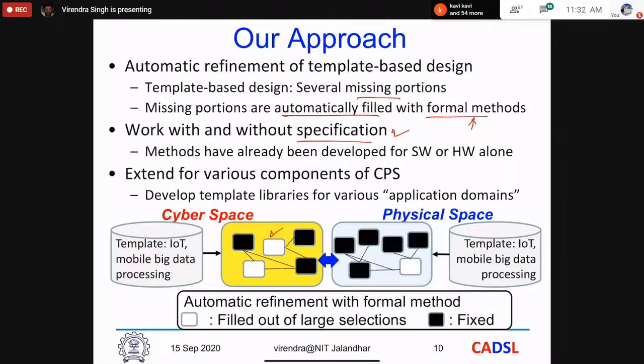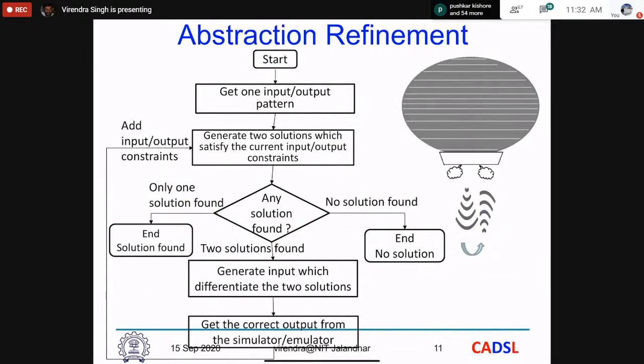Some of these things have already been done for the hardware and software parts. Now this has to be extended to various parts and application domains. For example, this is the abstraction of one balloon that somebody has launched. This balloon can be doing multiple things in space, but you want the balloon to remain stable.